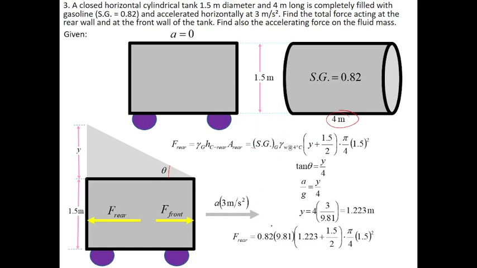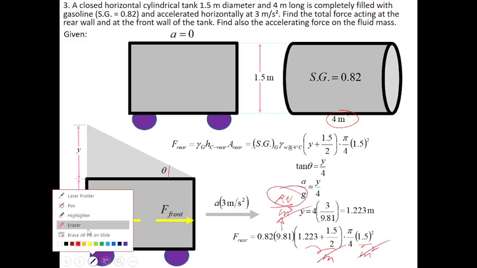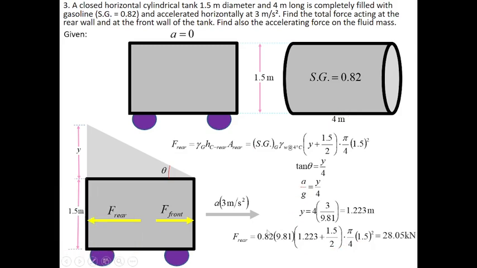Kilonewton per cubic meter, ito ay meter, ito ay square meter. So, cancel yung cubic meter. Matitira is kilonewton, no? Okay, so 28.05 kilonewton. So, that is our rear force, no?